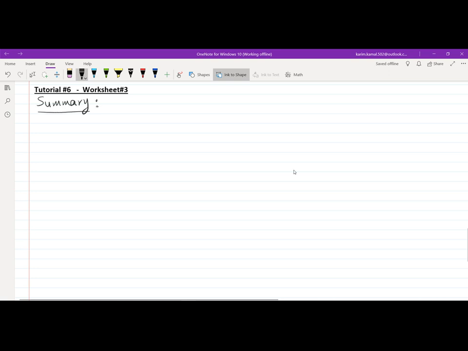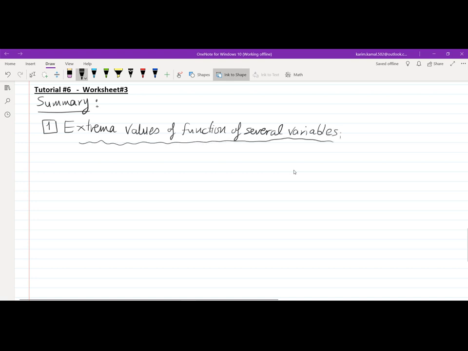First point, which is extrema values of function of several variables, we will use the second derivative test.